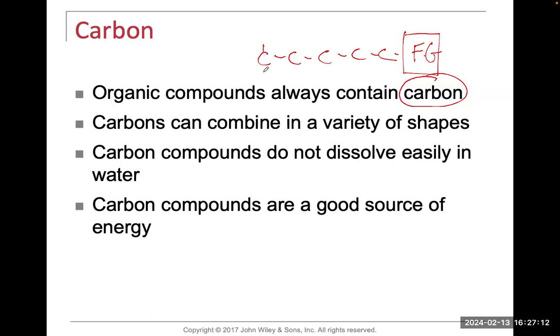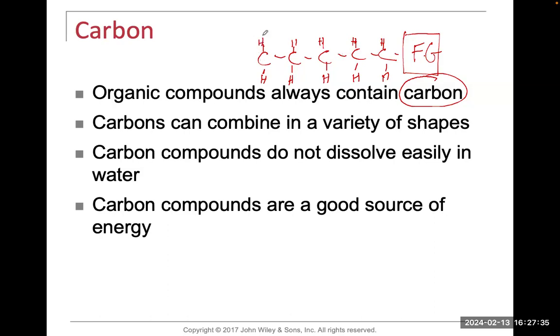And then typically you'll see a bunch of hydrogens saturated. Okay. Whenever you see a covalent bond with hydrogens and they're all occupied by hydrogens, then we'll say they're saturated.